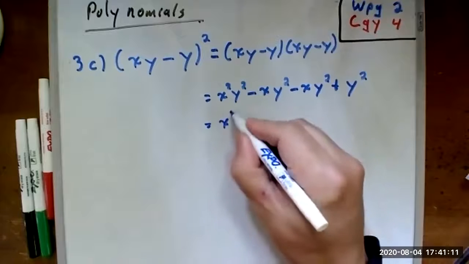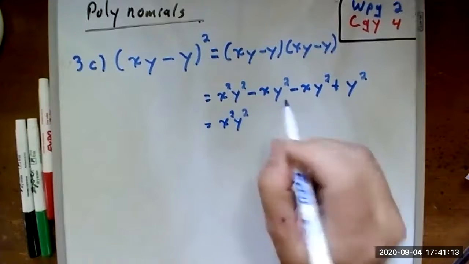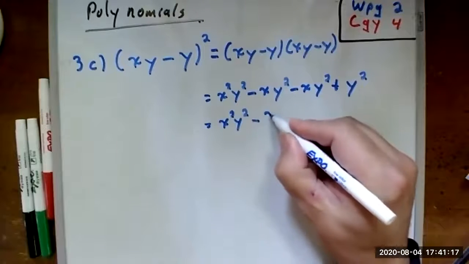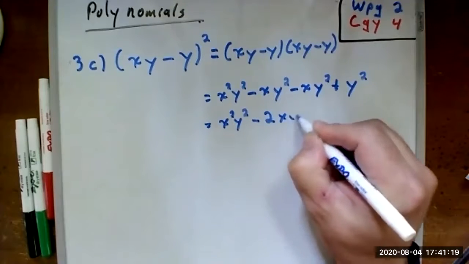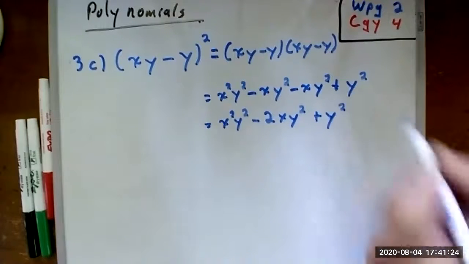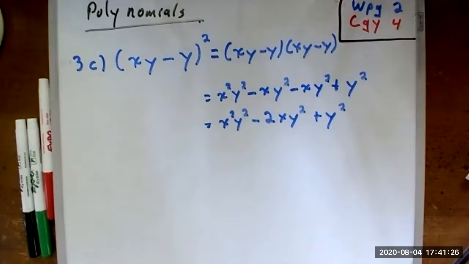Negative y times negative y will be positive y squared. X squared y squared just comes along. Negative xy squared and negative xy squared. It turns out I have two of those. And then the y squared comes along.